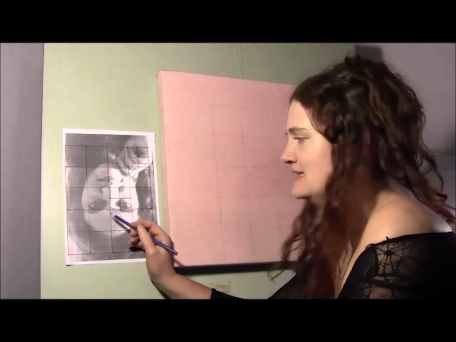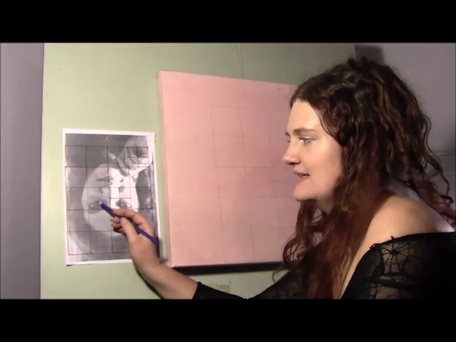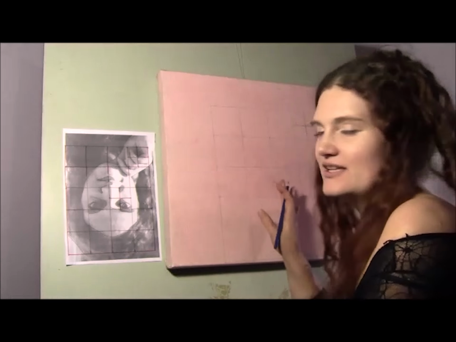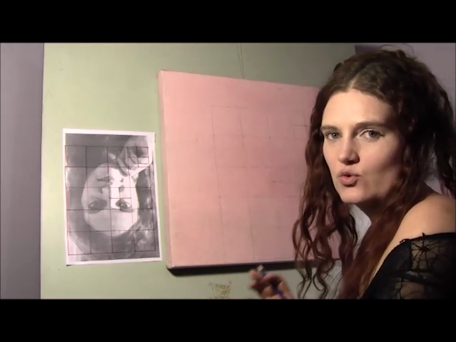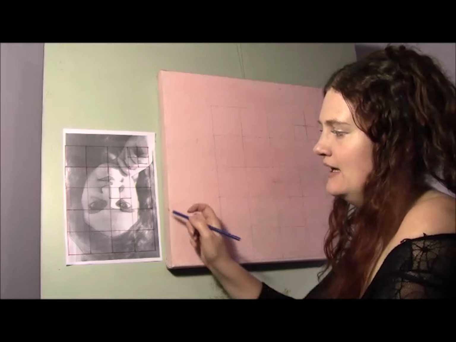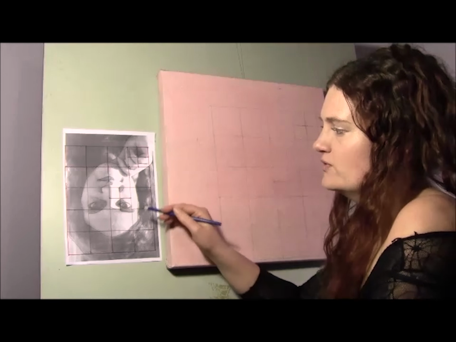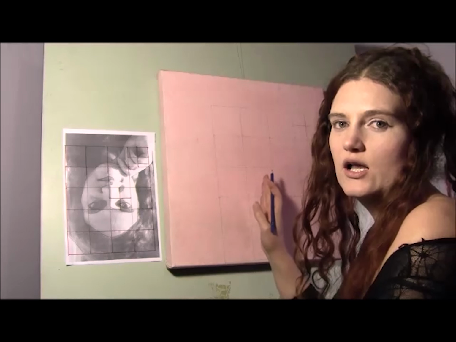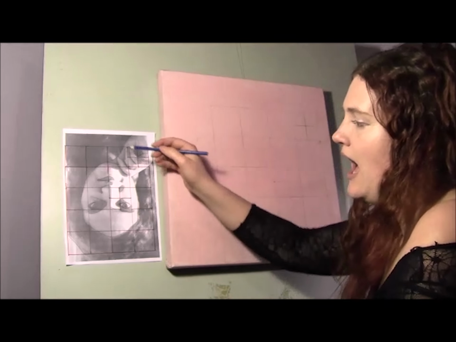Hi guys, so we're just going to draw in these basic shapes onto the canvas. Now we're not doing a drawing, so we're keeping the details to a minimum, and also in the third layer of the painting I'll add a lot more drawing tools to the situation.